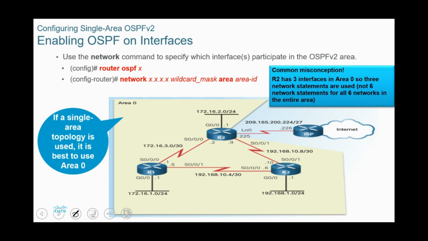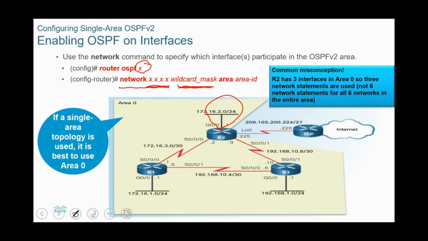Next, we are going to use the command to specify which interfaces participate in the OSPFv2 area. As I mentioned just now, if I want to configure router 2 to advertise a network to my neighbor, I have to activate the router OSPF process ID first. Then I advertise the network. Let's say I wish to advertise the network 172.16.2.0, followed by your wildcard mask.